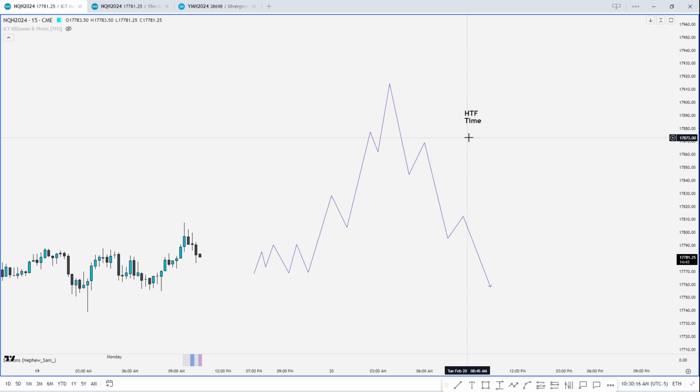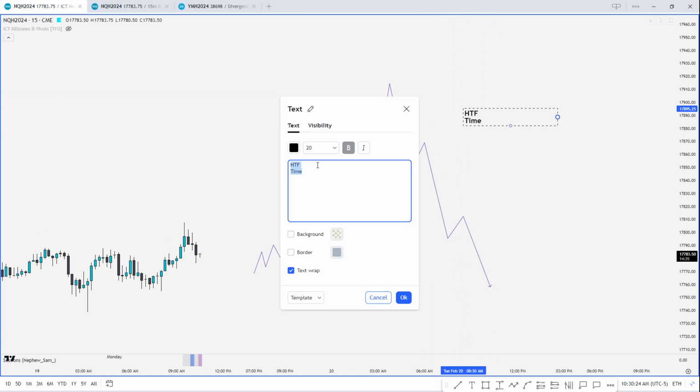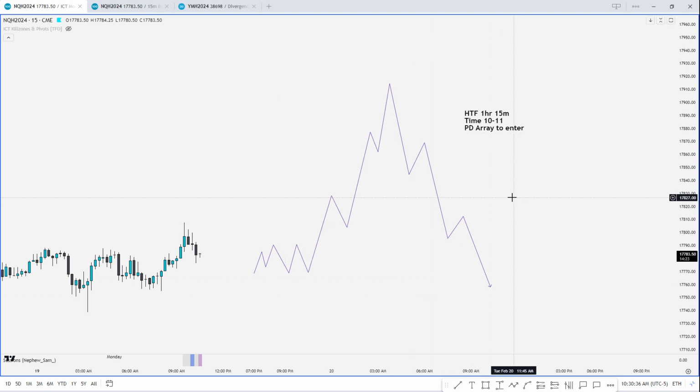So if we're looking to trade something like the silver bullet, then we're going to be looking at maybe an hourly or 15-minute draw as your higher time frame. And then time, obviously, would be 10 to 11. And you're going to be using some sort of PD array to enter. So that's kind of the first section, right?